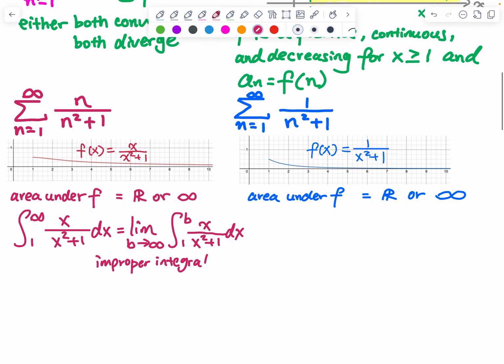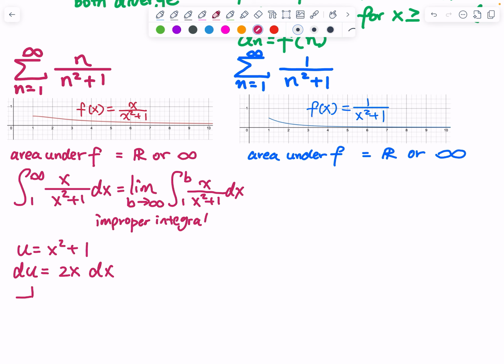All right, to integrate, I'm going to use u-substitution. We let u equal x squared plus 1, and then differentiate both sides: du equals 2x dx. Isolate the dx on one side: 1 over 2x du equals dx. And then we will do a change of variable.